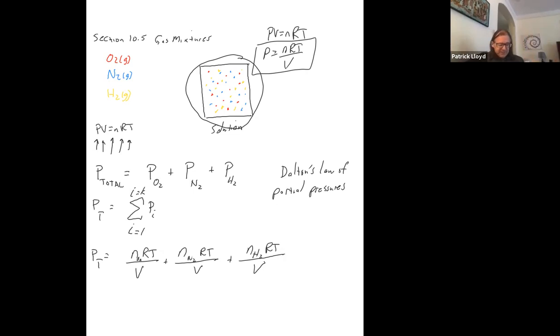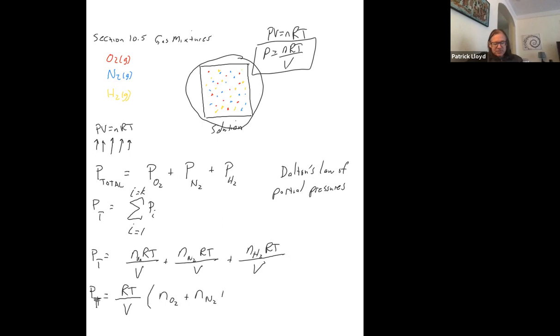So I can actually factor them out and say P sub T for total is equal to, I'm just going to factor out RT over V, right? Because it's in every term, times moles of O2 plus moles of N2.